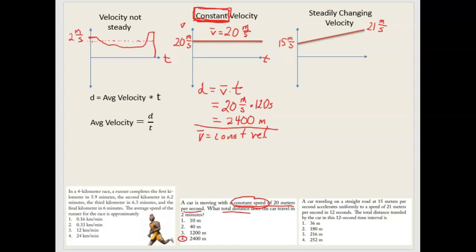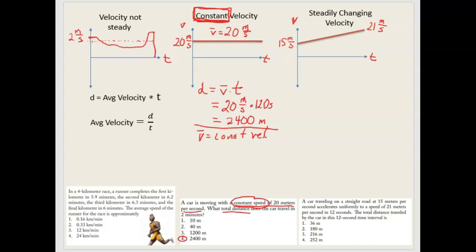So here we have a car, let's say, that's getting faster. Again, this is time, and this is speed or velocity. A car is getting faster, or a car is getting slower. That would be a decreasing slope.